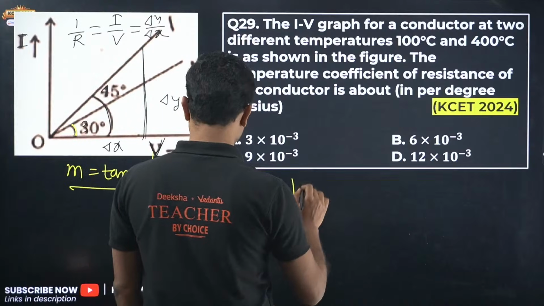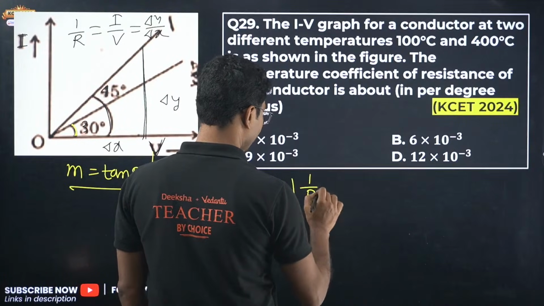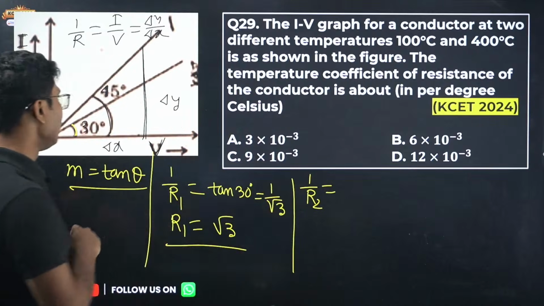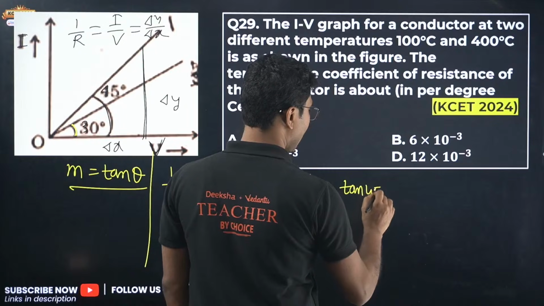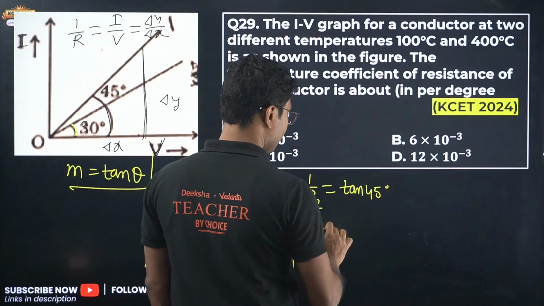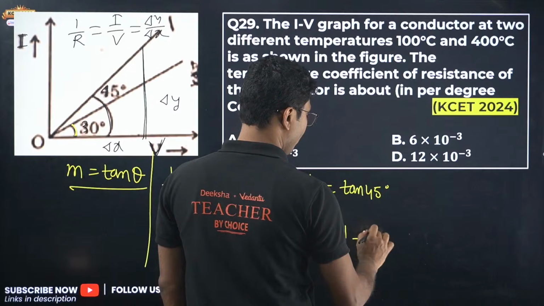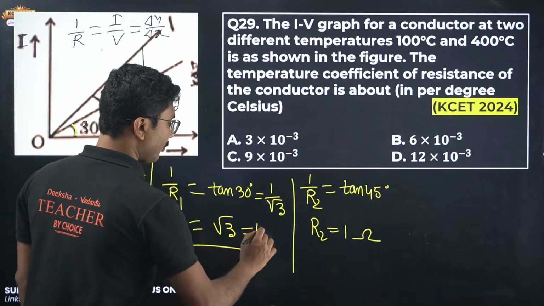Similarly, 1 by R2 equals tan 45. So R2 must be equal to 1 ohm. And root 3 is 1.7.